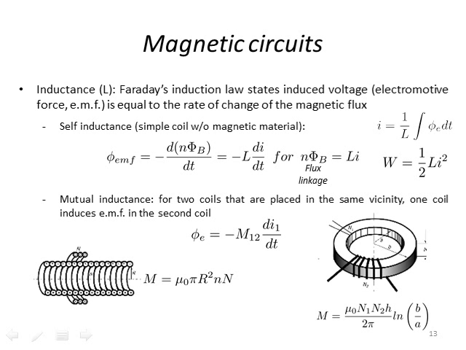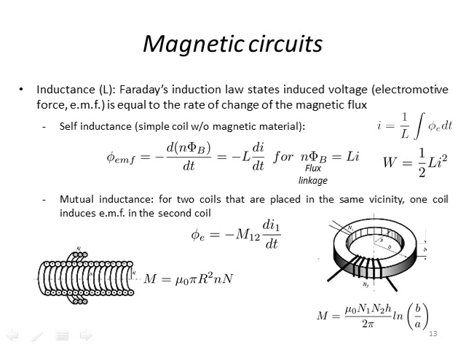And that's equal to minus L di/dt, for N phi B equal to L i. And N phi B, which is the flux linkage, is equal to this L i. And this is quite important. So this L times the current is really the flux linkage: how the flux from the coil gets linked into this B field, and it gives you the voltage.